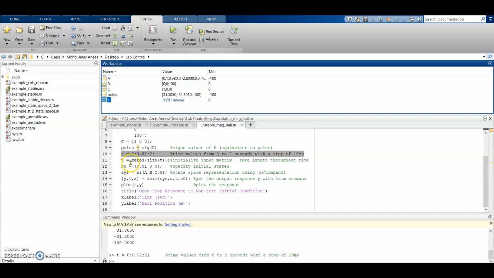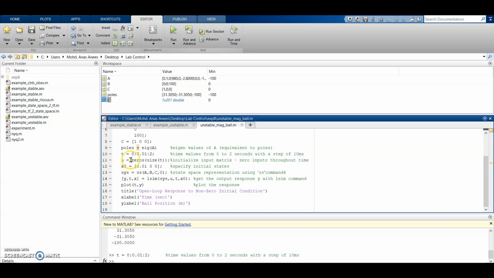That's why we have used this command, u = zeros(size(t)). The size of t, as you can see from the workspace, is 1 cross 201. That means this matrix has 1 row and 201 columns. The zeros command will generate a number of zeros, and how many zeros depends on this size. So this command will generate 1 cross 201 zeros.